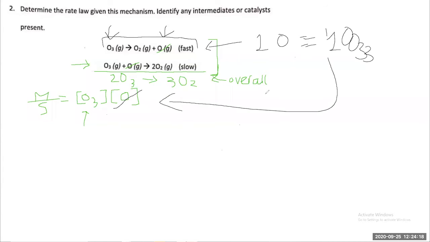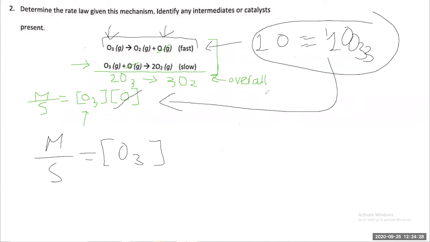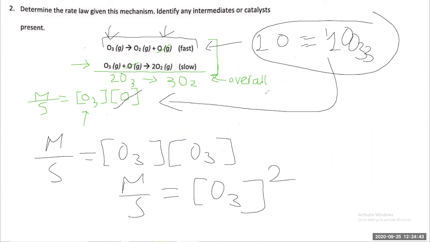So that's going to be given to us that ms is equal to the concentration of O3, and because we have this relationship right here, that's going to be equal to O3. You just put that right here. So that just gives us a rate law of ms equals the concentration of O3 squared, okay?